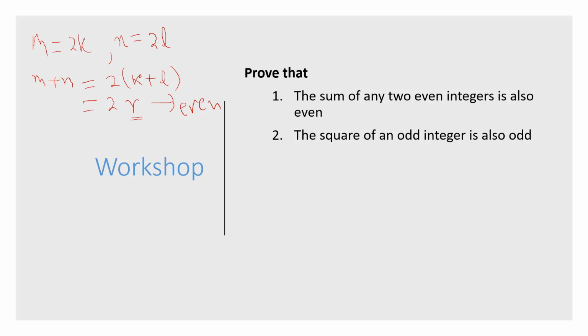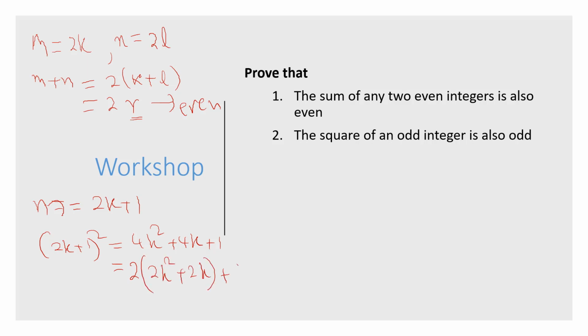The square of an odd integer is also odd. So in this case, let's assume that m is an odd number. This means m can be written as 2k plus 1. If you square this, you get 4k squared plus 4k plus 1. If you take 2 out of this, you get 2(2k squared plus 2k) plus 1.